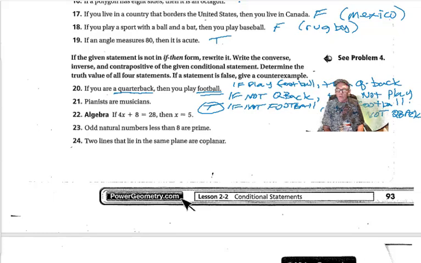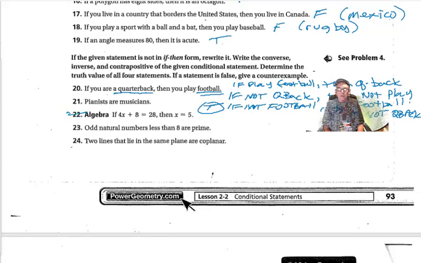You could still be a guitar player, so that's false. The contrapositive would be, if you're not a musician, then you're not a pianist, which seems to be true, because a pianist would be a musician.